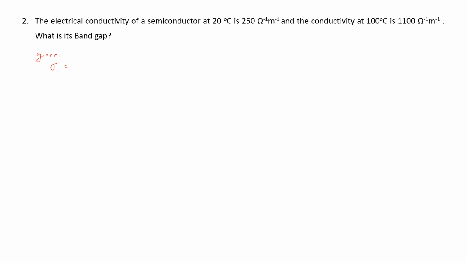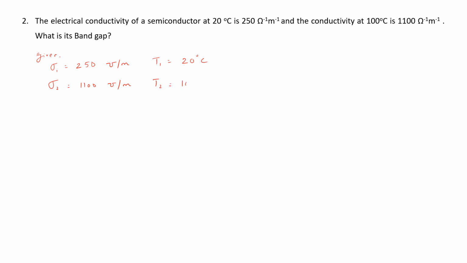So sigma 1 is equal to 250 mho per meter. Ohm power minus 1 is nothing but mho per meter. T1 is equal to 20 degrees C. Then sigma 2 is equal to 1100 mho per meter.